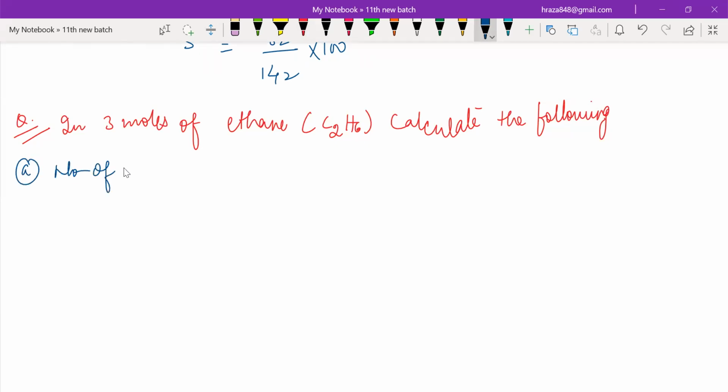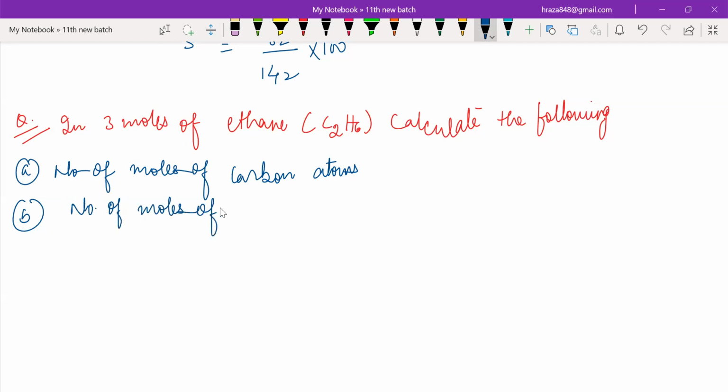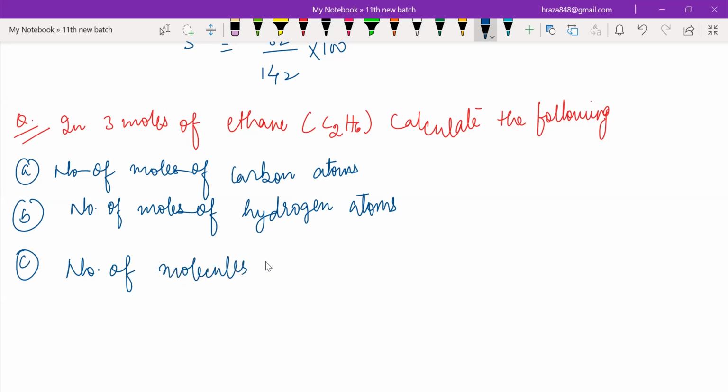First is number of moles of carbon atoms. B part is number of moles of hydrogen atoms. And C is number of molecules of ethane.